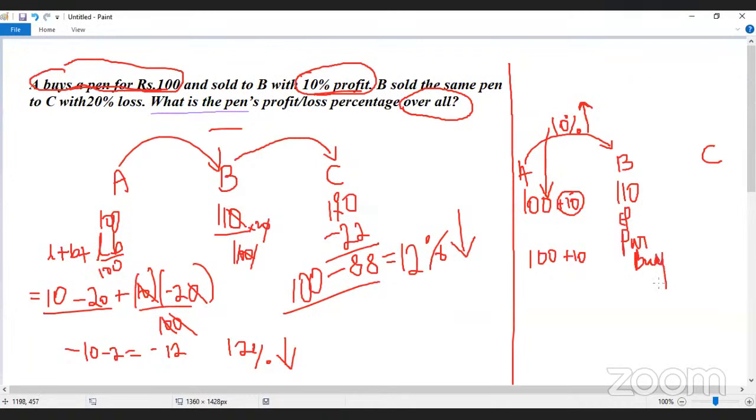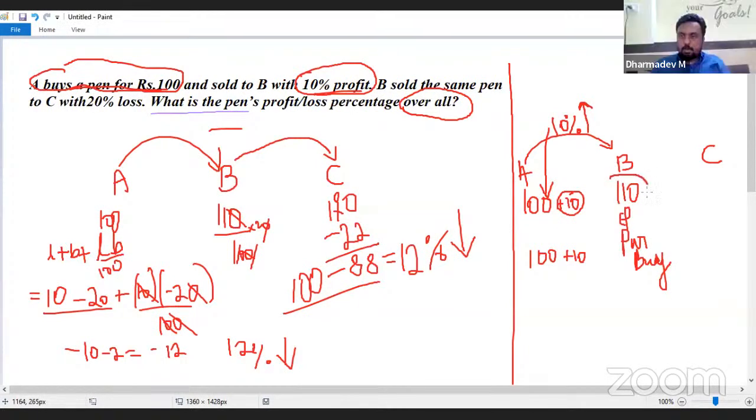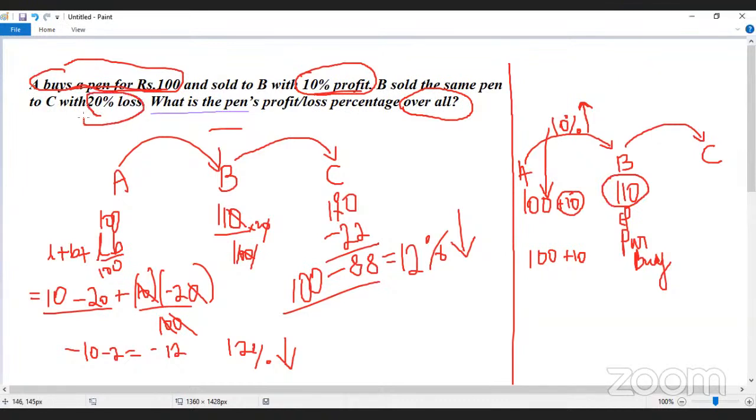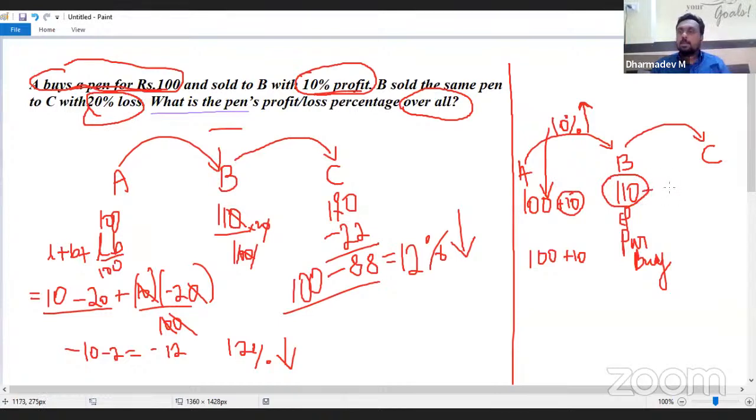Okay. Now B bought it for 110 and now he is selling it to C with 20% loss. So what is 20% of 110? Yeah, 22.